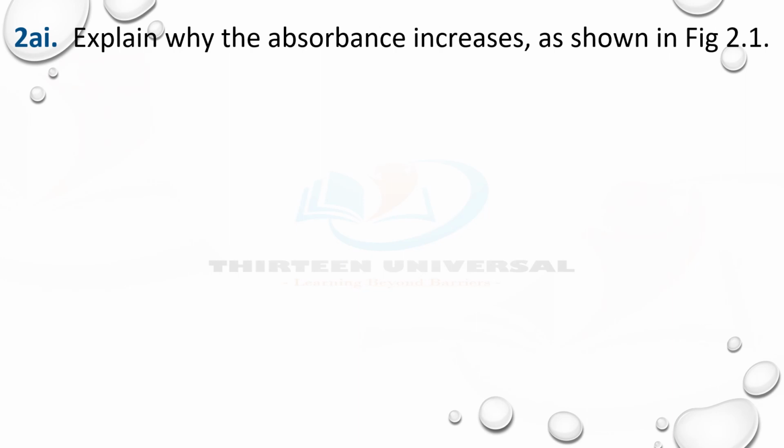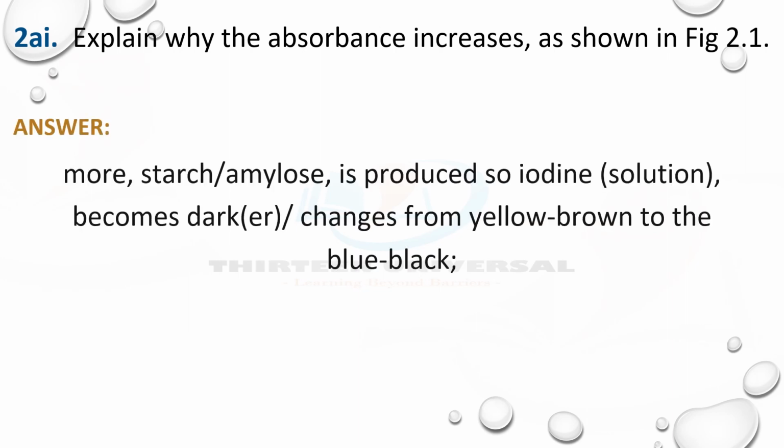And of course, more wavelength is being absorbed, so more reaction is occurring. So look at the answer here. More starch is produced, so the iodine becomes darker. Remember that this was put in iodine solution, so iodine changes from yellow brown to blue black. Blue black because more amylose or more starch is being formed, so more light is being absorbed. Is that okay? All right, let's go to the next question.